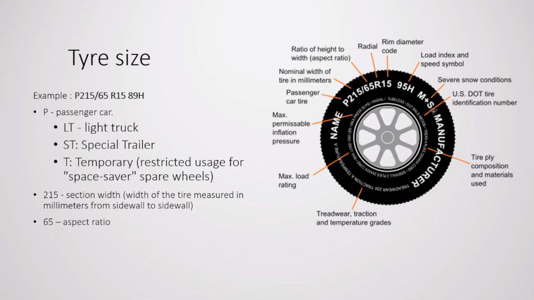Those informations are mentioned in the body area of the vehicle, normally at the door area, just behind the door hinges or near the door areas. Normally the manufacturer mentions the tire size, especially this code, and the inflation pressure as well.